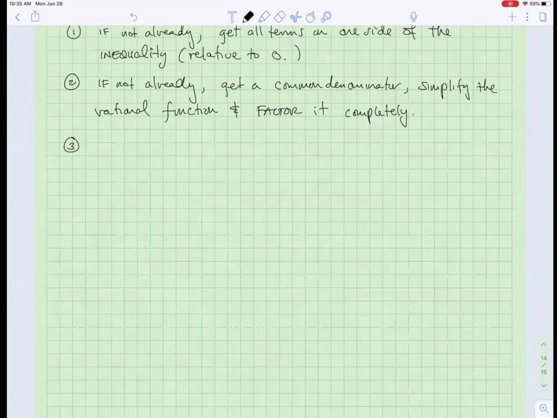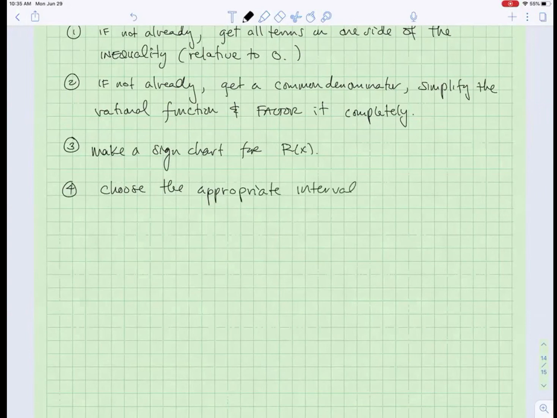Number 3, you're then going to make a sign chart for r of x. And then step 4, choose the appropriate intervals and x values. So let's take a look at this process.